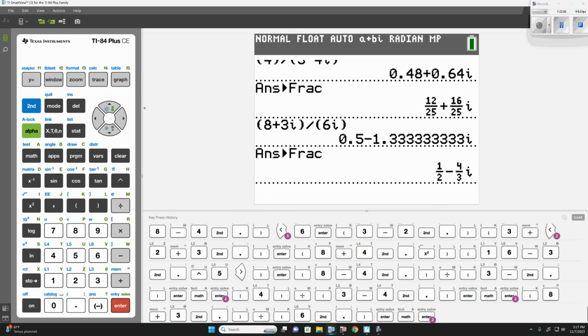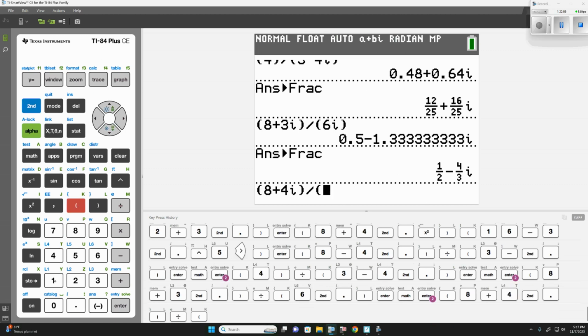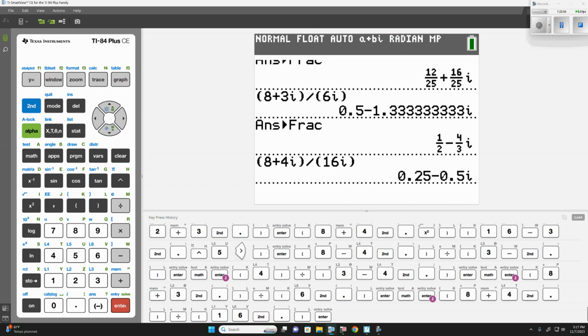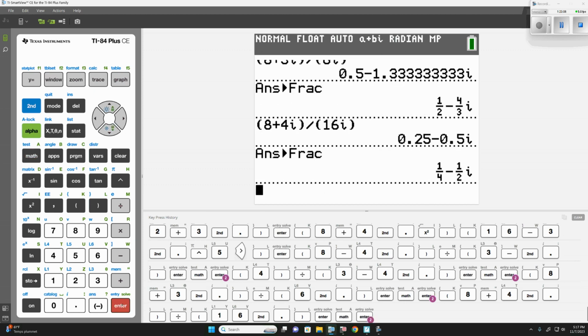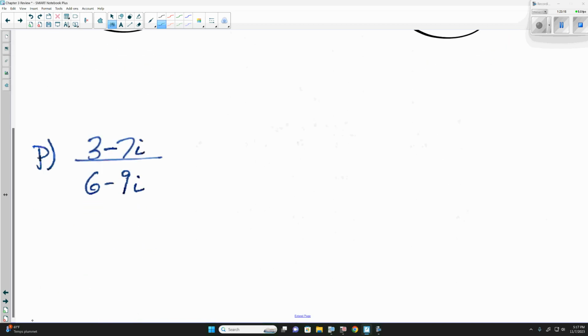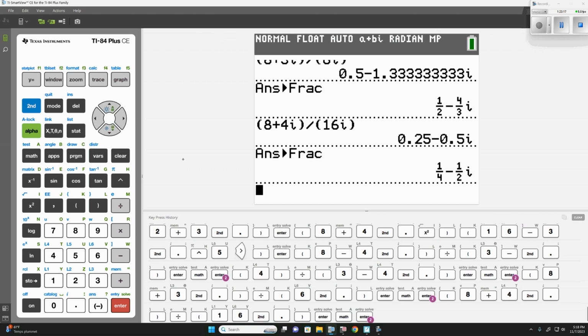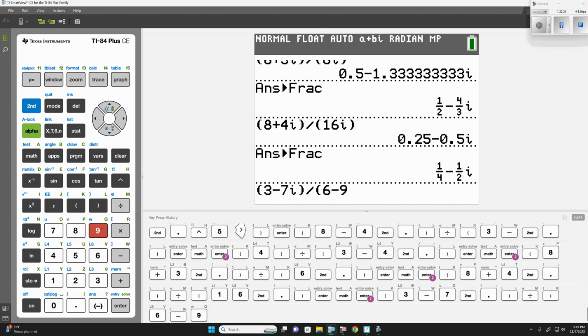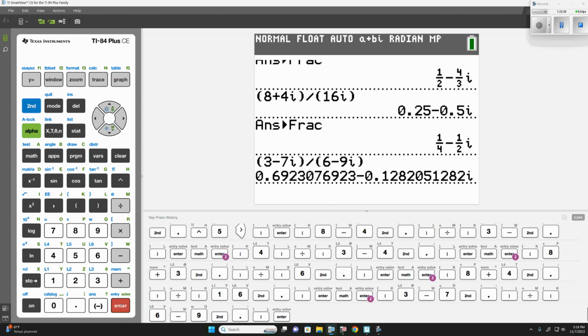Next one. 8 plus 4i divided by 16i is this here. Math, enter, enter. 1/4 minus 1/2 i. That is your final answer. Last one using these operations. 3 minus 7i divided by 6 minus 9i is this here.